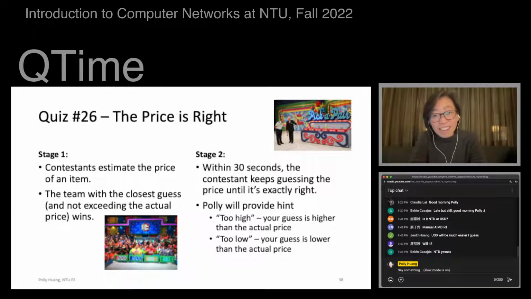Good. So now, guys, welcome to The Price is Right. Would all the contestants please enter the W10 Quiz 26 channel? Polly is going to reveal the first item you need to guess.